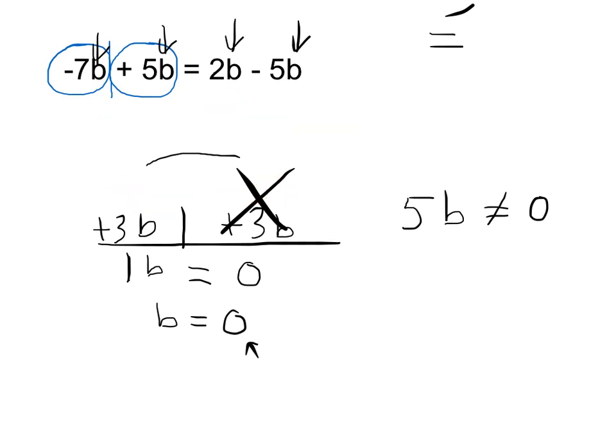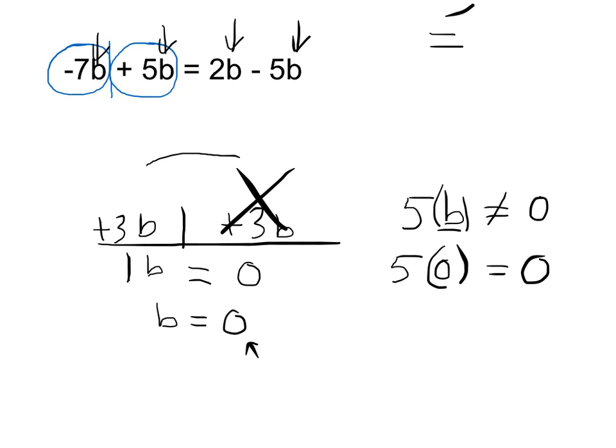What this is actually saying is that 5 times what number will get me 0? Again, 5 times what number will get me 0? And the answer to this is clearly 0. If I do 5 times 0, that will get me 0. Okay, so what is the value of b? b is equal to 0.